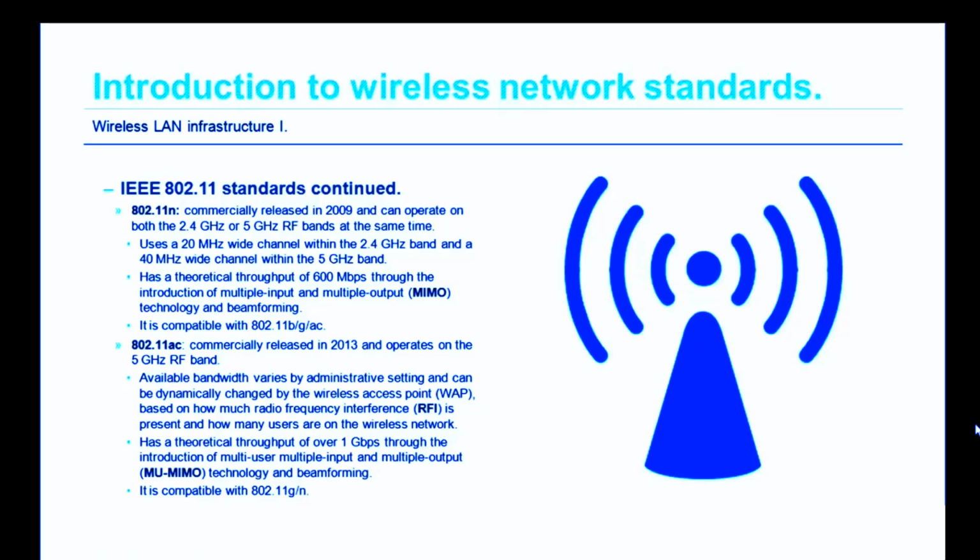The available bandwidth varies by administrative settings and can be dynamically changed by the wireless access point based on how much radio frequency interference, or RFI, is present and how many users are on the wireless network. 802.11ac has a theoretical throughput of over 1 gigabit per second through the introduction of multi-user, multiple input and multiple output technology, or MU-MIMO, and beamforming. 802.11ac is only compatible with 802.11g and n.